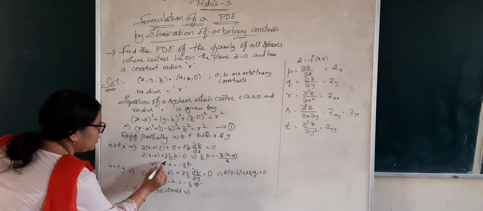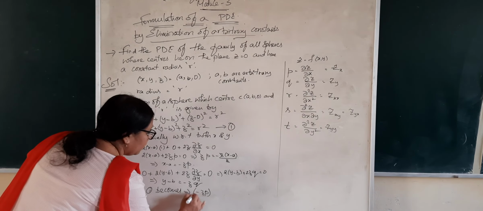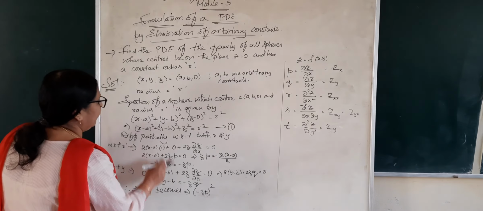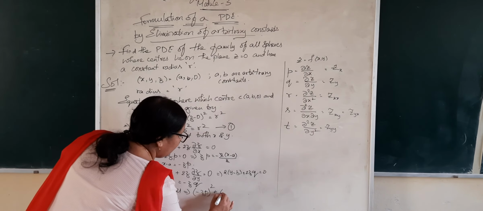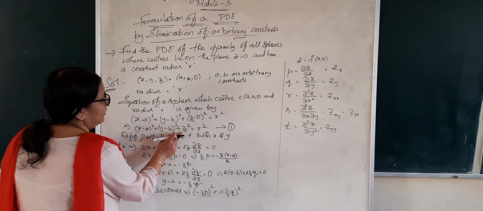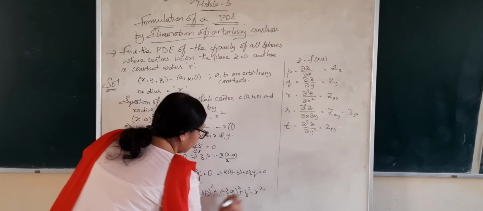So applying these two values here, we get (minus zp) the whole square instead of (x minus a) the whole square. Similarly, (y minus b) is replaced by (minus zq) the whole square for this one, and then z square is as it is, equal to r square.